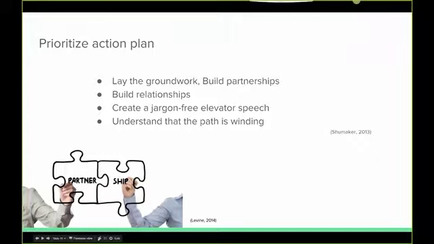So I'm going to talk a little bit about what the next steps are. If you have the 3 skills that I mentioned within your library, if your organization is ready, now what do you do? Well, you have to prioritize.